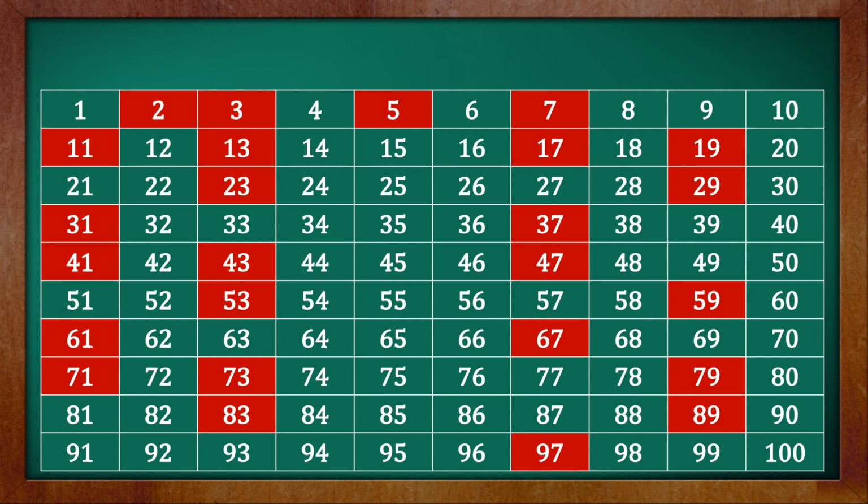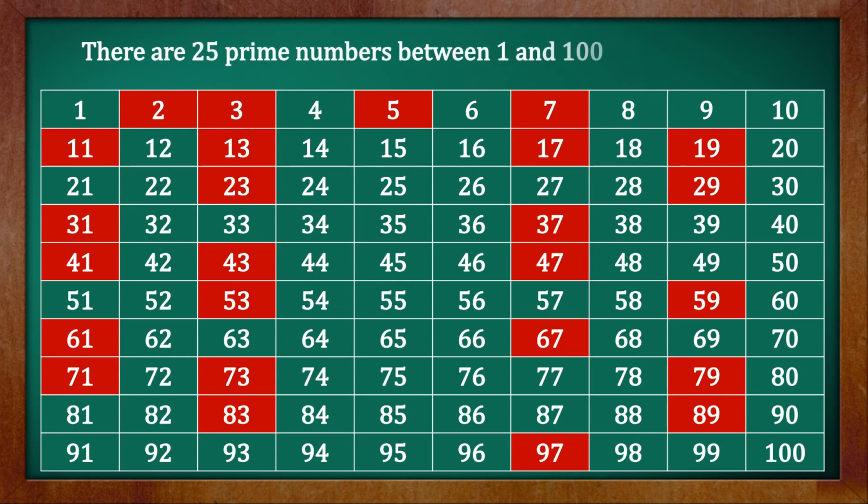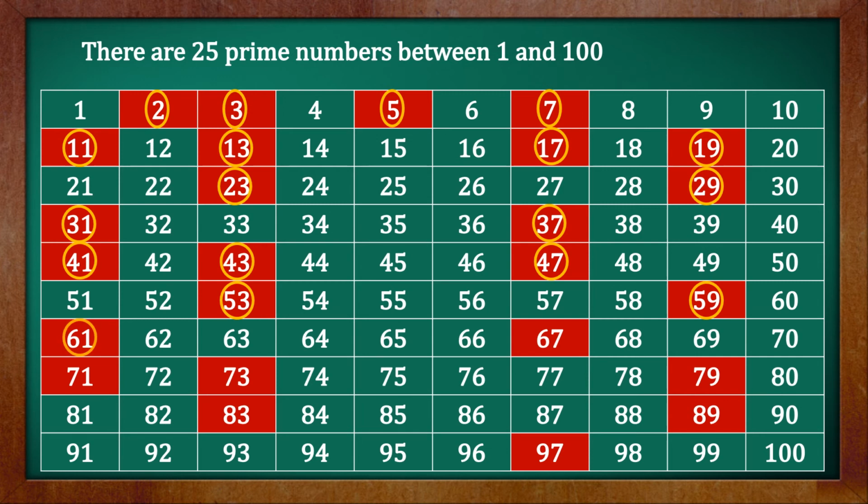You can see that there are 25 prime numbers between 1 and 100, and they are 2, 3, 5, 7, 11, 13, 17, 19, 23, 29, 31, 37, 41, 43, 47, 53, 59, 61, 67, 71, 73, 79, 83, 89 and 97.